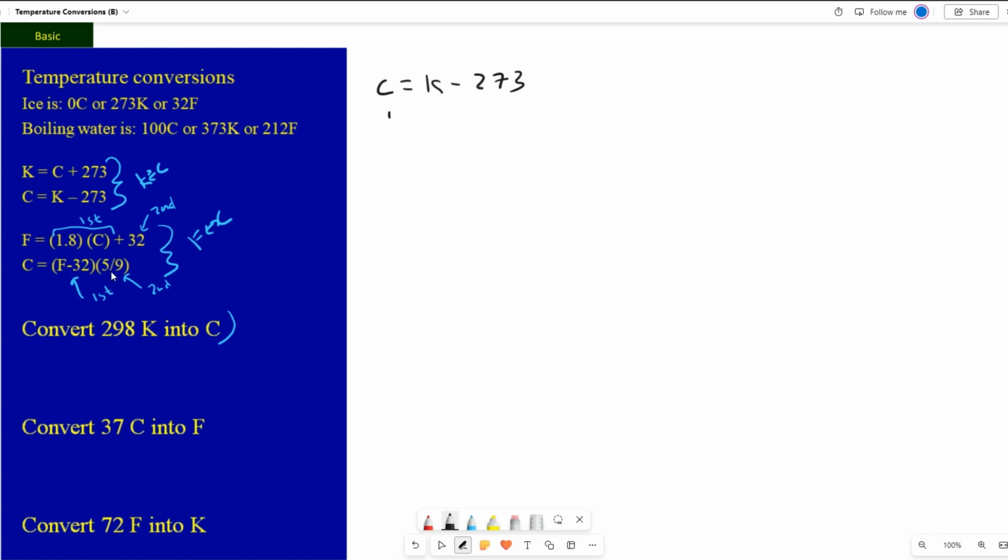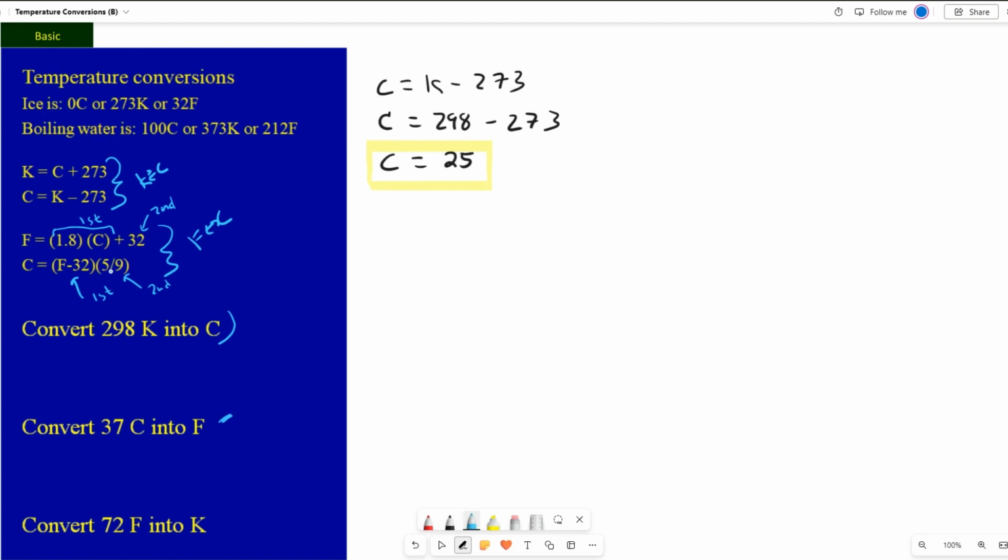So Celsius is equal to 298 minus 273, which is 25. So that's the first one. Again, when you're going back and forth between Kelvin and Celsius, all you're doing is either adding or subtracting 273.